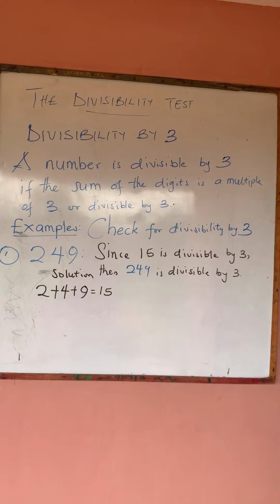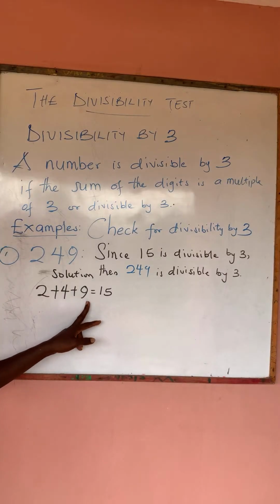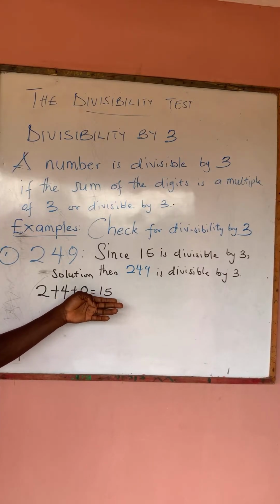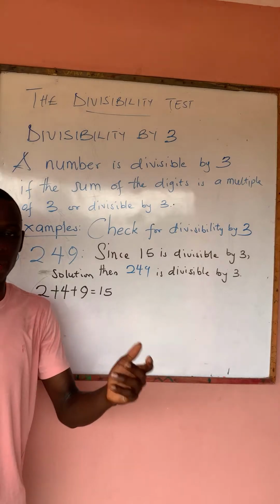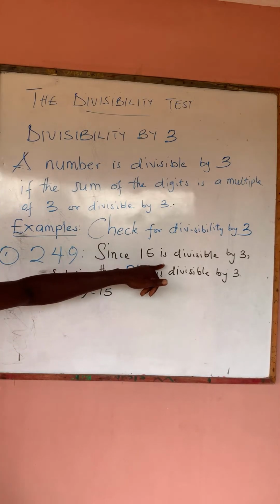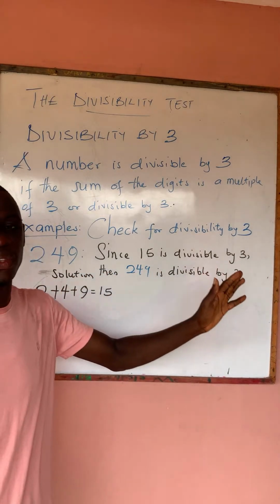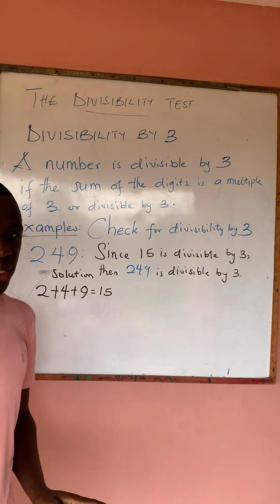So, per the solution, we added up the digits 2, 4, and 9, and we saw that we got 15. And 15 is divisible by 3. And because of that, we conclude that since 15 is divisible by 3, then 249 is also divisible by 3. I hope you get it.